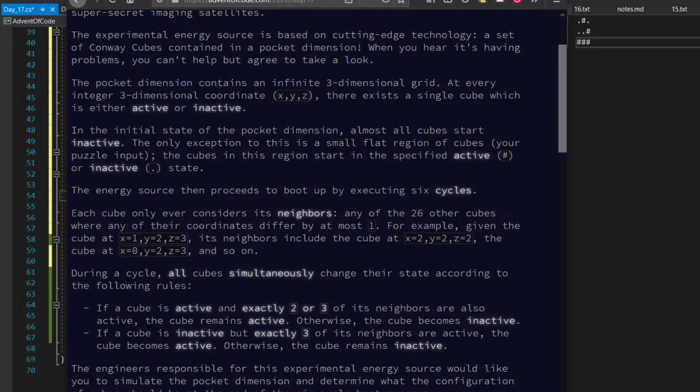I do actually have to look at inactive ones. All cubes simultaneously change their state according to the following rules. If a cube is inactive, but exactly 3 of its neighbors are active, the cube becomes active. Dang, how am I going to do that?